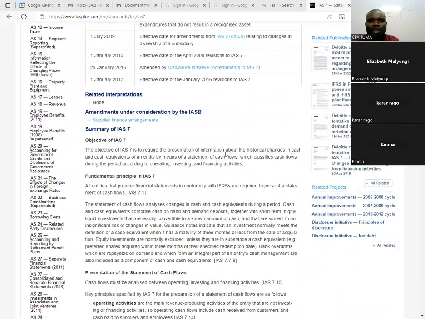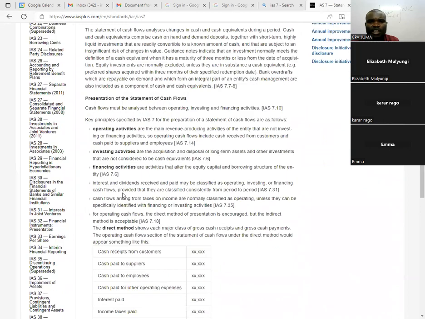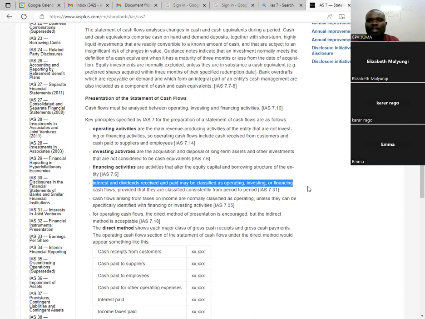In the standard, just read from here. Interest and dividends received and paid may be classified as operating, investing, or financing, provided that they are classified consistently from period to period.